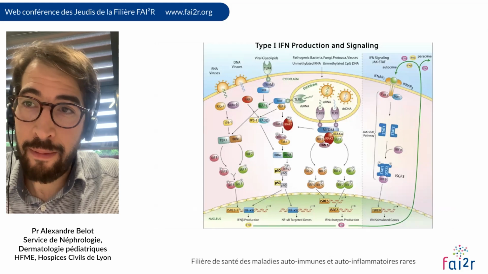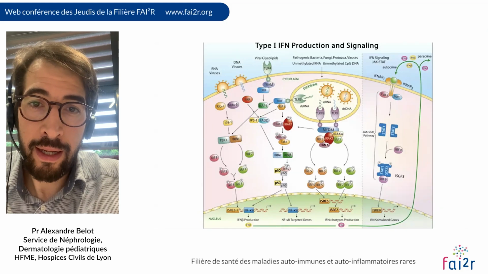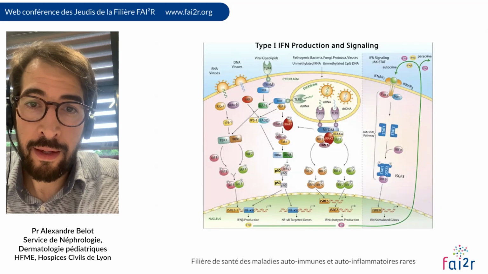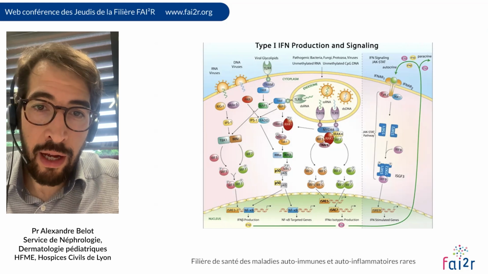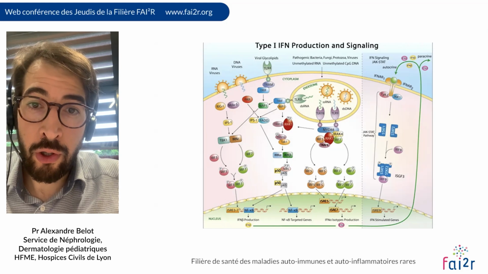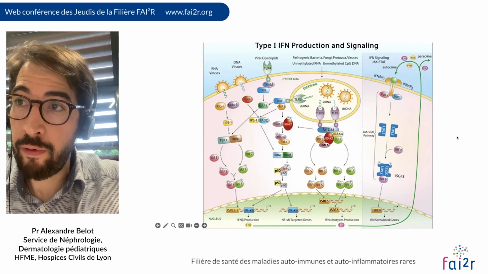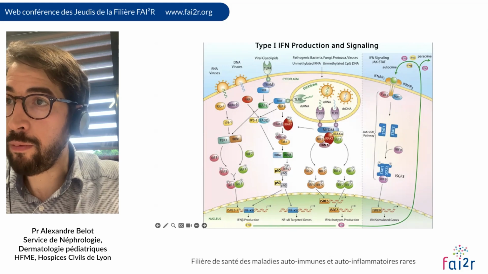In this picture, you can see the different sensing pathways that can detect nucleic acid, either from the cytoplasm, within the endosome, or outside the cells. All these sensors concur to the production of type 1 interferon, interferon alpha 2 especially.